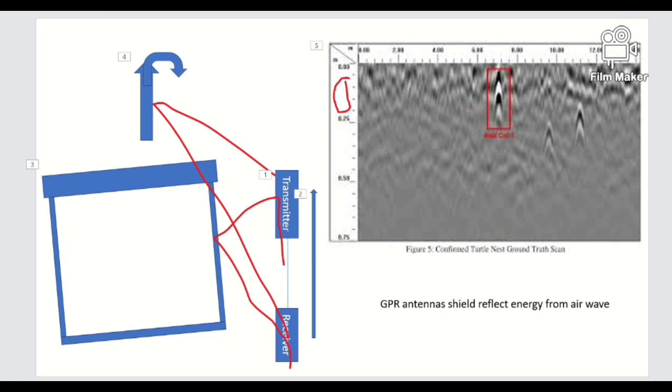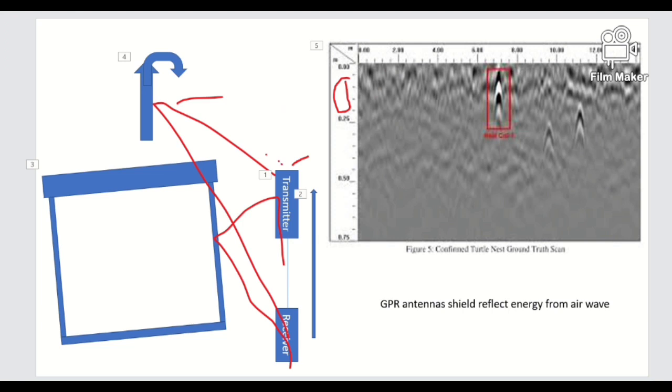So here what happened? The transmitter transmits the wave energy, and when it reflects from an object or the ground, it leaks into the air.